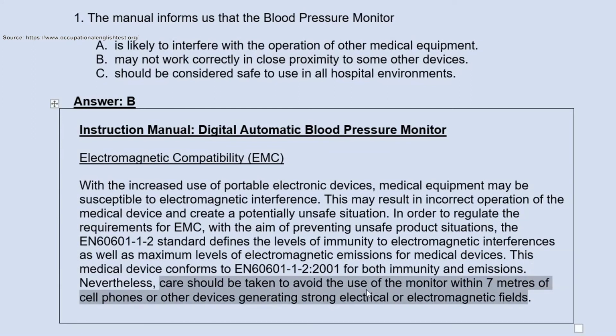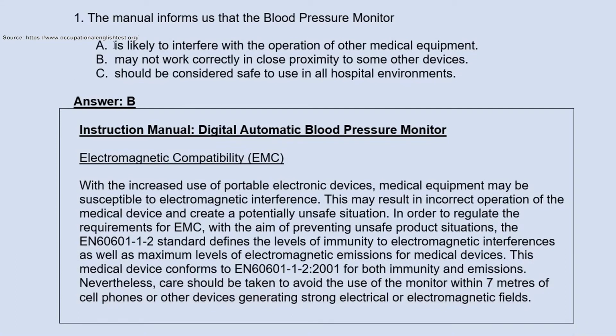Care should be taken to avoid the use of monitor within 7 meters of cell phones or the other devices generating strong electrical or electromagnetic fields, because if they are within the range of 7 meters, electromagnetic interference could occur, and because of that, blood pressure monitor may not work in the way it is supposed to work.